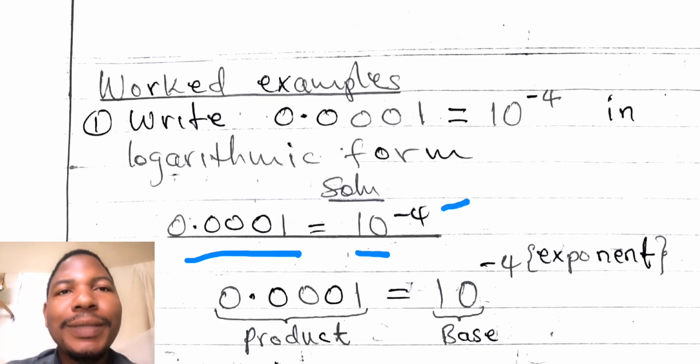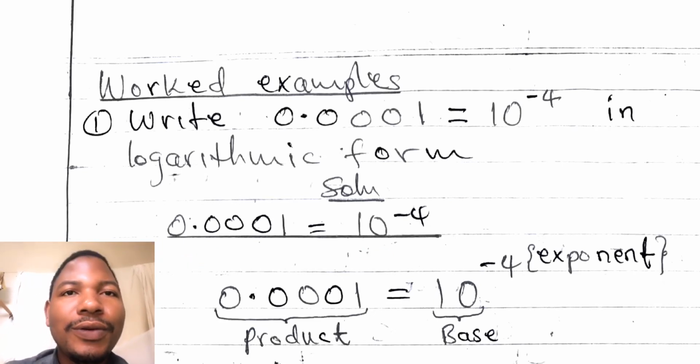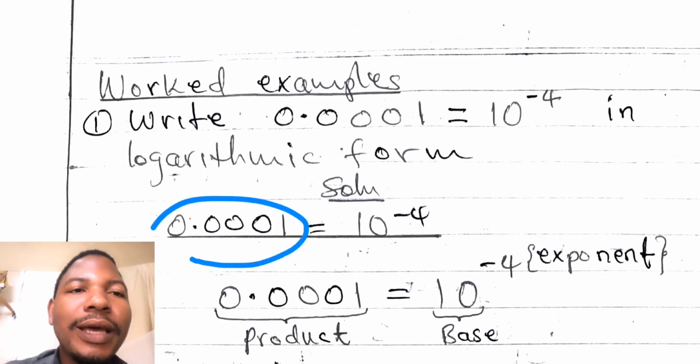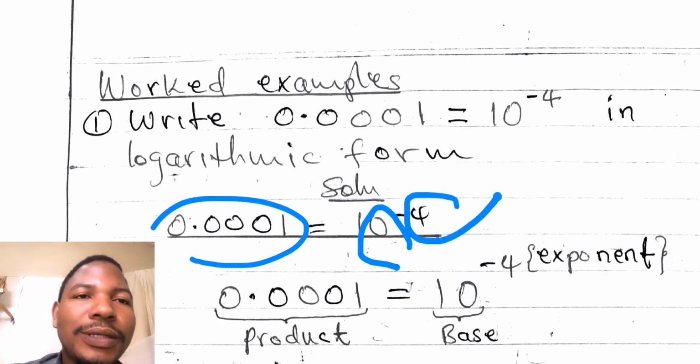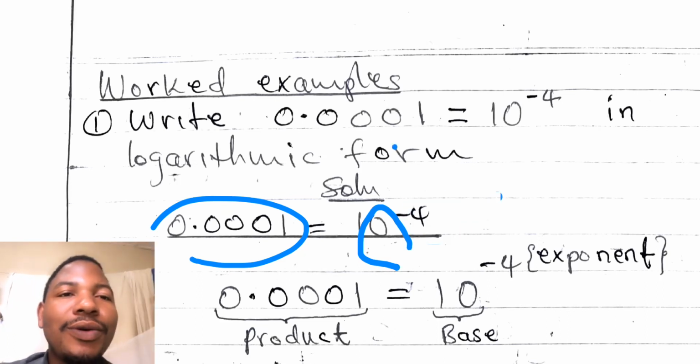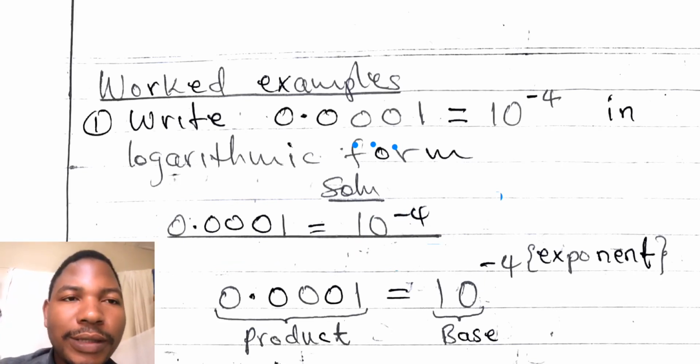This means your first number is the product, as usual. This is the product, this one is the base, and this negative 4 is the exponent. So we know each and everything: base, exponent, and product.